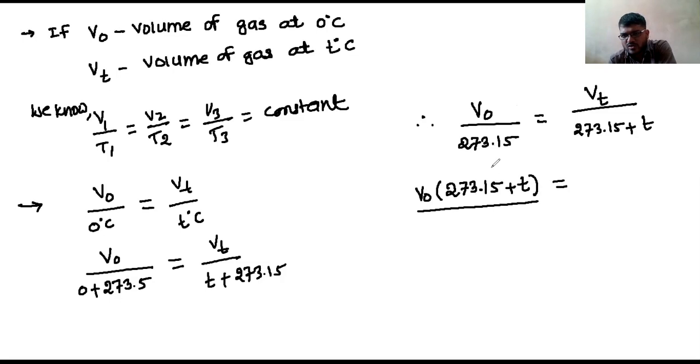I don't want to transfer this, because I get Vt directly. So here I am keeping this 273.15 as it is, and on this side you get only Vt. Any doubt? I have just transferred this to here and multiplied, and this term I have kept as it is. So let's do now what we are getting. So I am getting something like this.